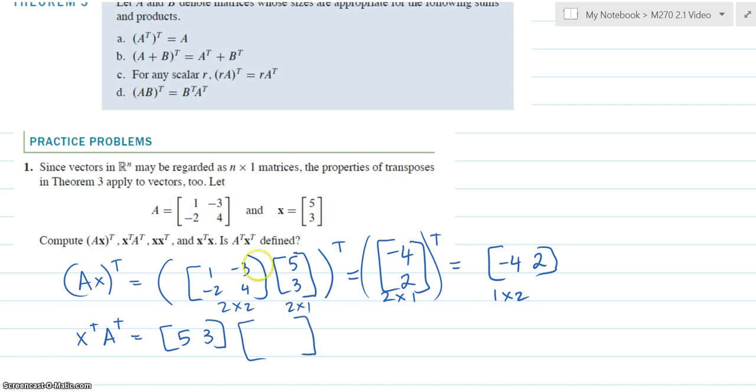That's going to be 1, -3, and then -2, 4. If we multiply that, this is a 1 by 2. This is a 2 by 2. So you do get a 1 by 2, so that part's good. And what do we get? We get a 5 with a -9. We do get a -4. And then the first row, second column, -10 plus 12 is a 2. You do get the same answer.